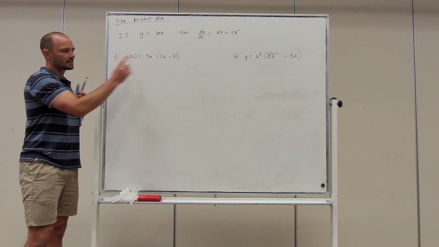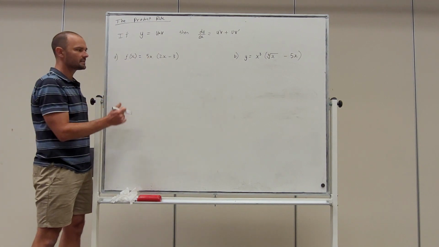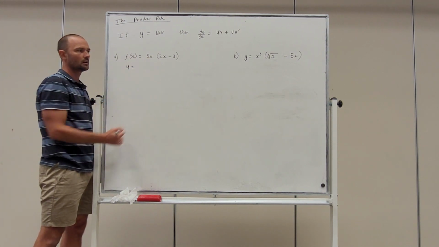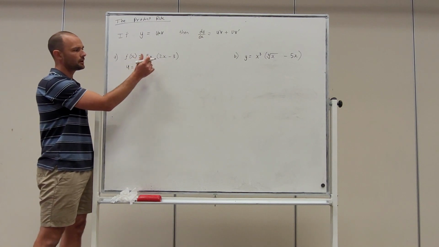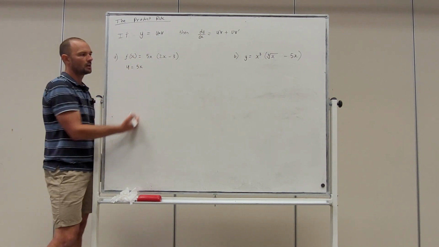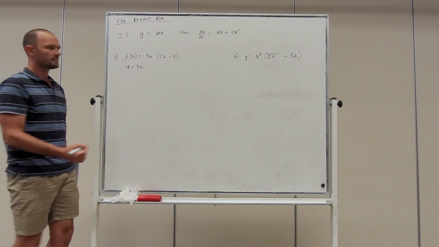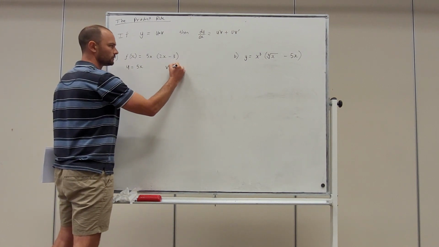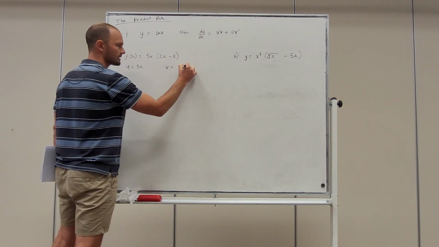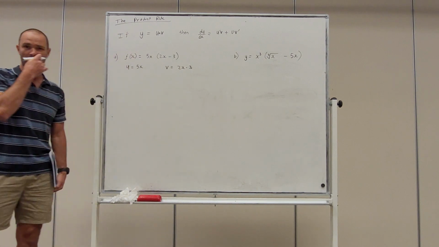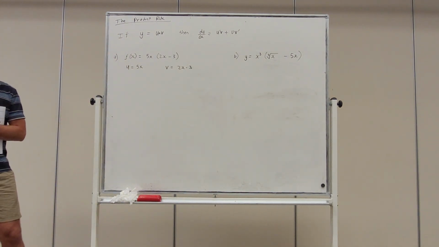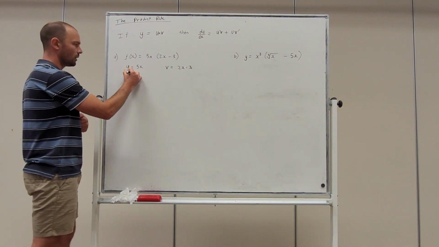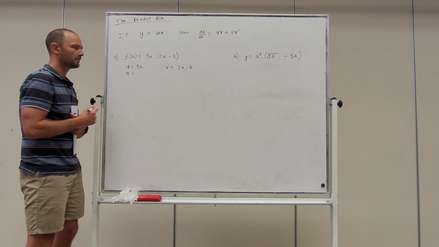So this is the product rule. Let's get straight into it. We need to recognize what is the u function. The u function is the one that comes first, 5x. And what is the v function? The second one, 2x take 3. And then underneath each one, what is the derivative of the u function?